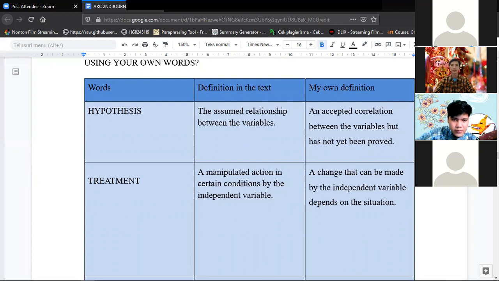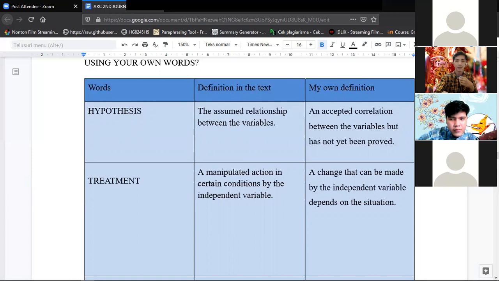So the definition of those words in the text are: first is for hypothesis. The definition is the assumed relationship between the variables. My own definition is a hypothesis is an accepted correlation between the variables but has not yet been proved.